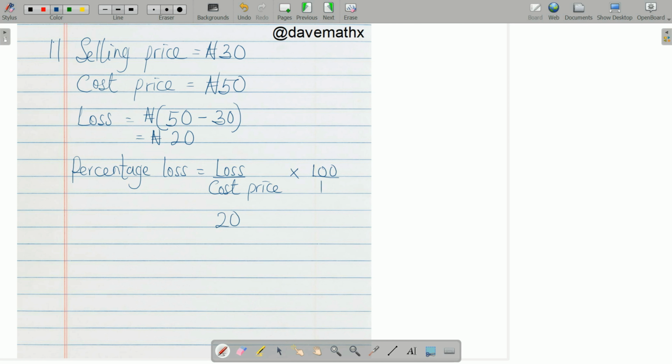Our loss is 20 naira, while our cost price is 50 naira, times 100 over 1.